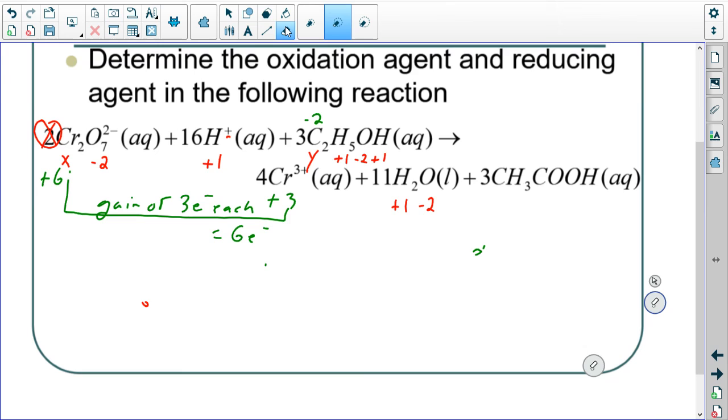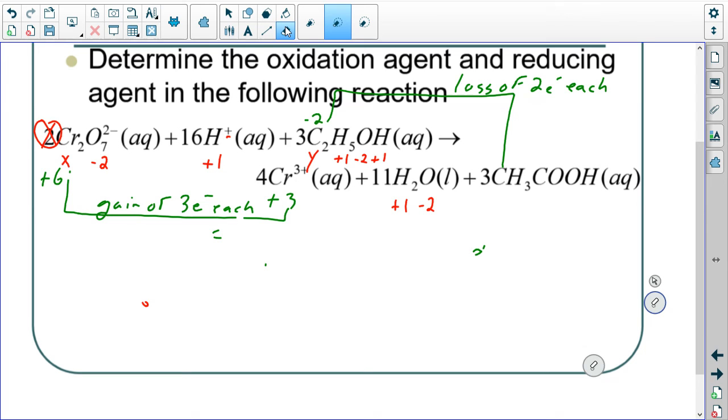We have the carbon here going to there. It went from -2 to 0. What is that? I gotta change this. That is a loss of 2 electrons each.